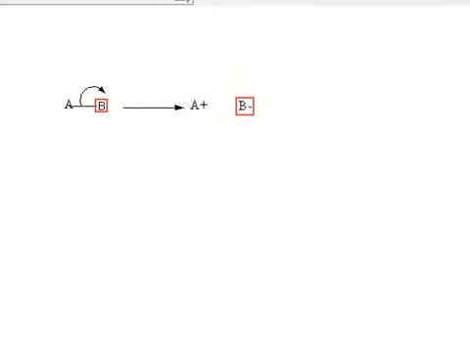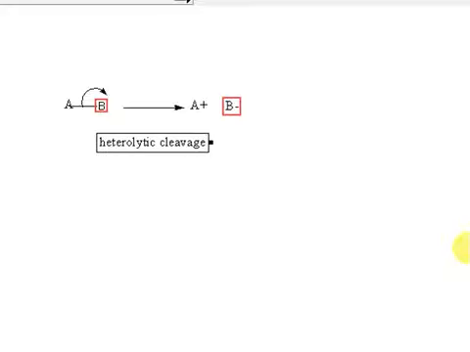Such type of cleavage, in which the bond is broken in such a way that the two atoms get unequal distribution of electrons, one atom getting both electrons and the other atom getting none, is called heterolytic cleavage.